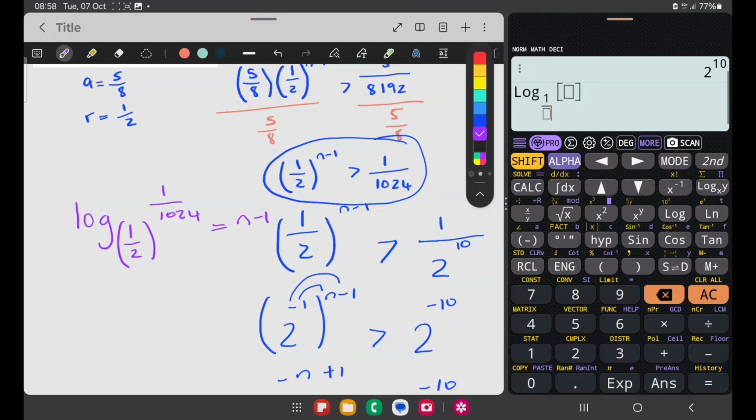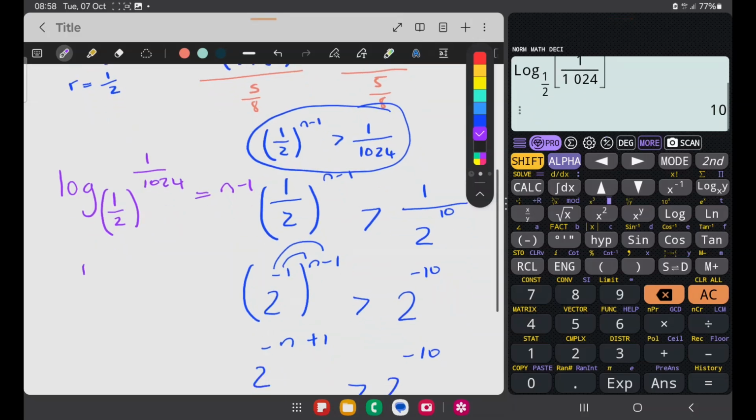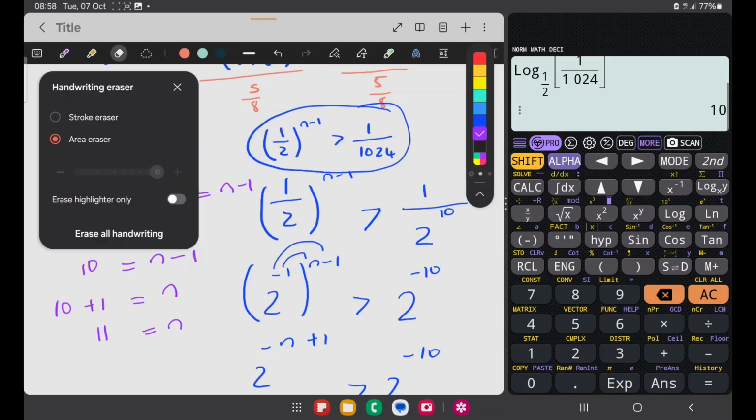At the bottom, I'm going to put in a half, and then here, I'm going to put 1 over 1024. I get 10. So now I'm going to have 10 is equal to n minus 1. So n is 10 plus 1. So n is 11. So can you see you get the same answer, but not equal to. That was my mistake. This thing is not equal to.